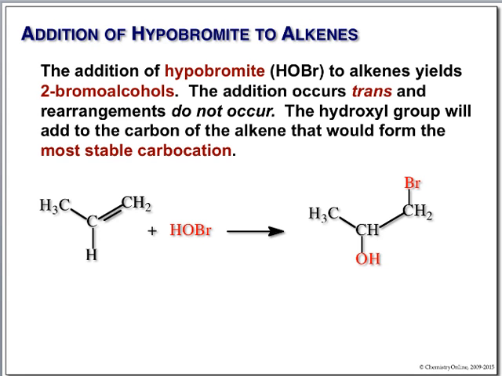So it's just like the other. We'll see that the mechanism for this is very, very similar to what we saw for the other. We're going to take HOBr, form a bromonium ion, and then instead of attacking with Br minus, we're going to attack with OH minus to give us our product.